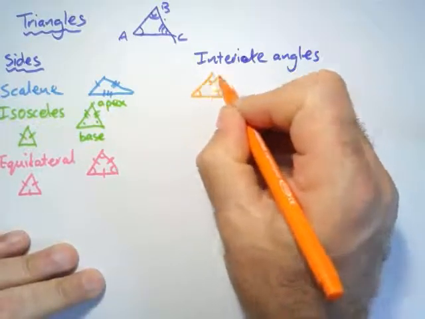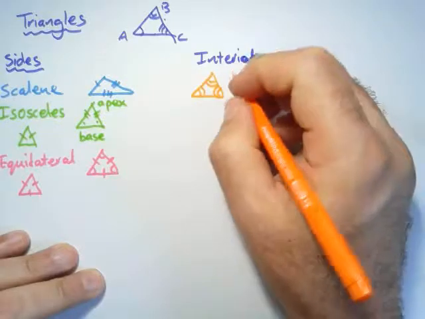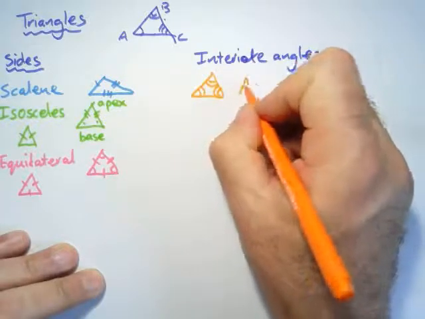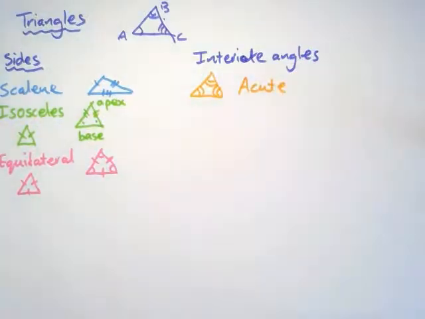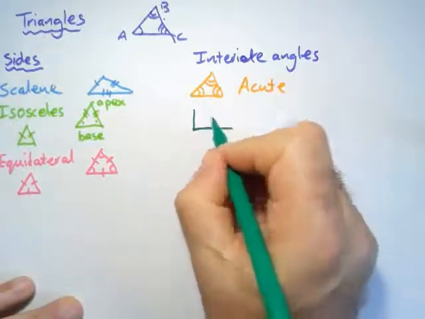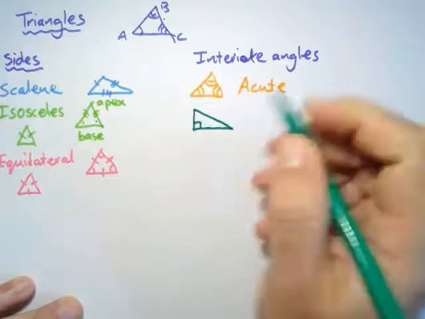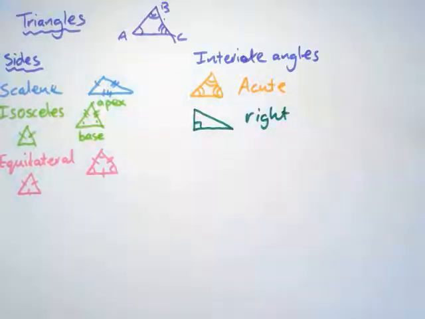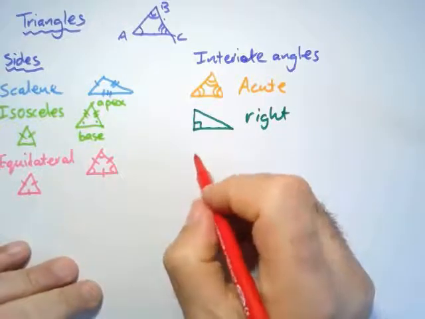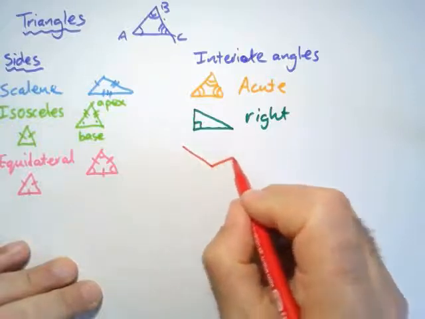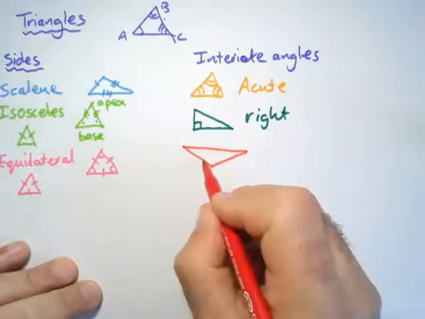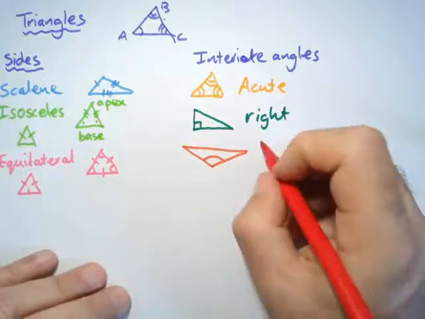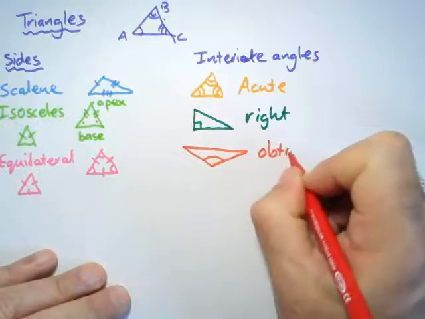So if all of them are acute angles, we have acute triangle. If one of the angles is a right angle, which means 90 degrees, then we have a right triangle. And if one of them has an obtuse angle, which means greater than 90 degrees, that is an obtuse triangle.